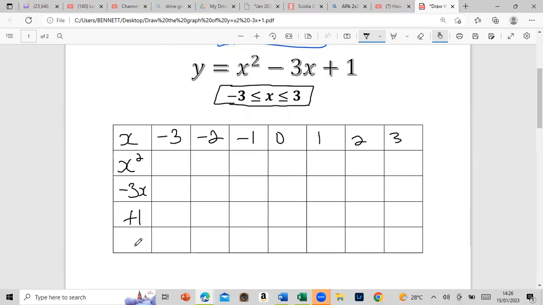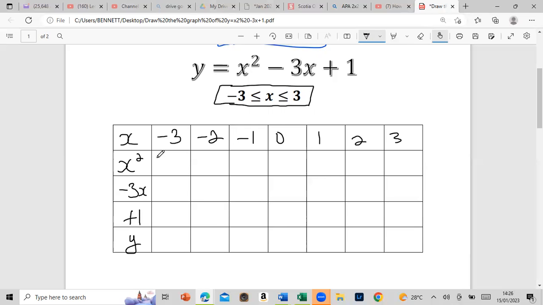So we're searching for the corresponding y values. In this column, x is -3, then -2, -1, 0, and so on.